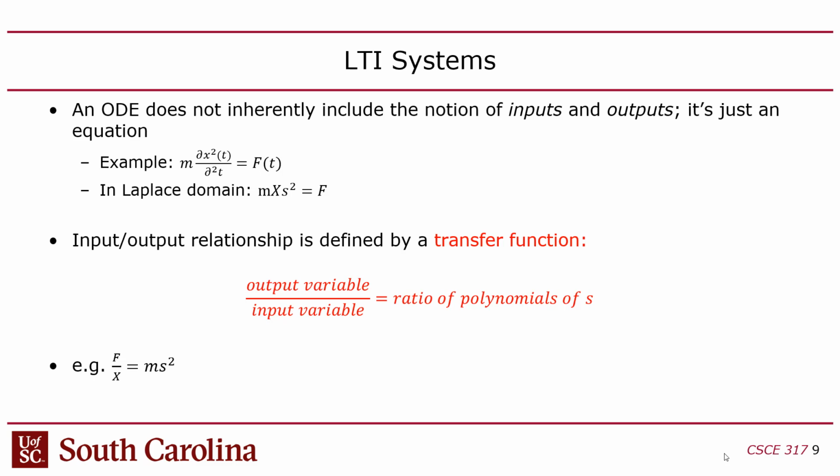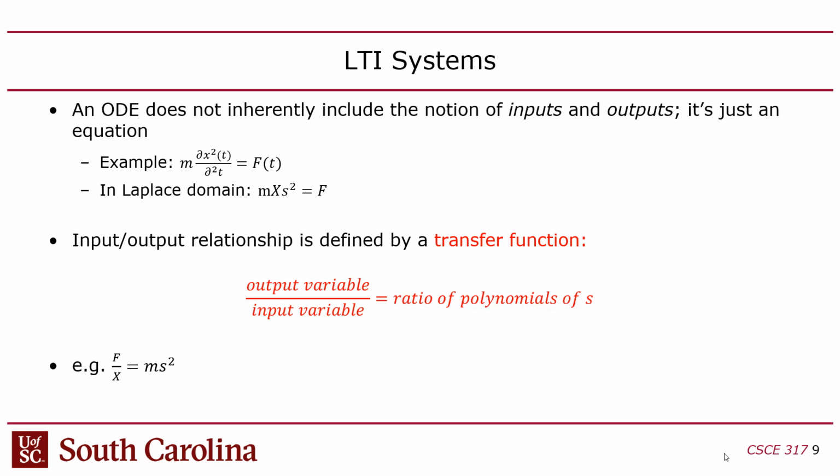X here is a capital X, whereas it was a lowercase x before. That's just the convention when you go from time domain to frequency domain. And s squared means the second derivative of that variable, right? And again, F is also in the s domain. I'm not showing it, but technically it's F of s, right? This is just an abbreviated form. Makes sense? Okay.